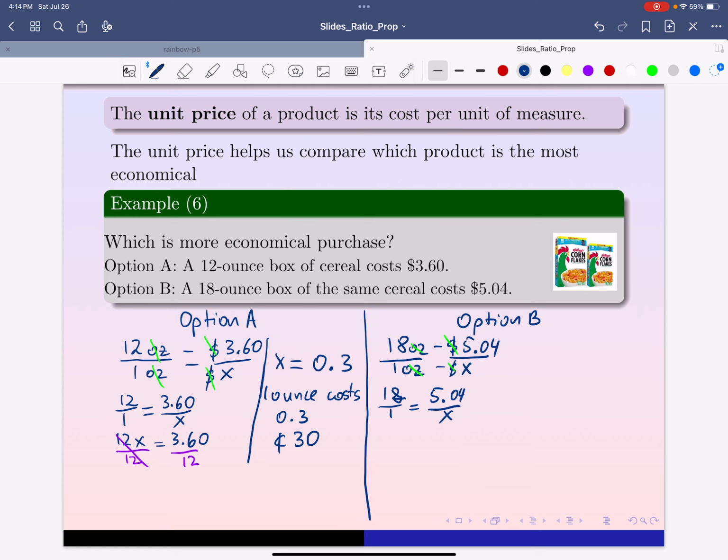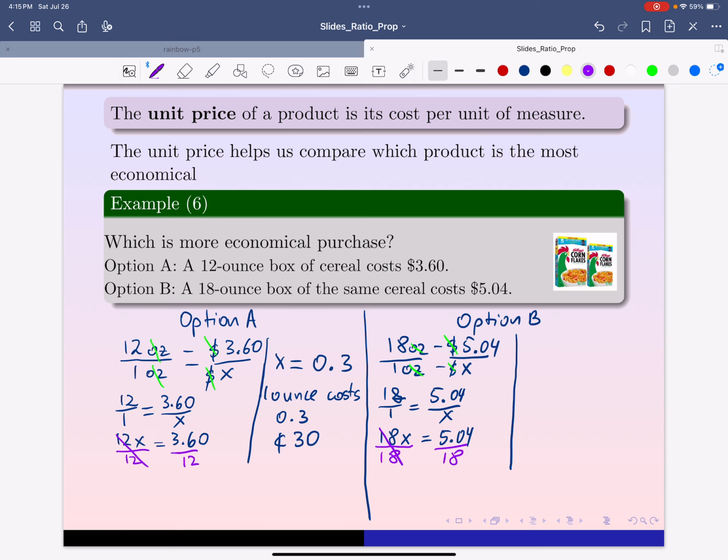We will cross multiply, so we're going to have 18 times x, which is 18x, is equal to 1 times 5.04, so it's 5.04. To solve it for x, we need to divide by 18, divide by 18.